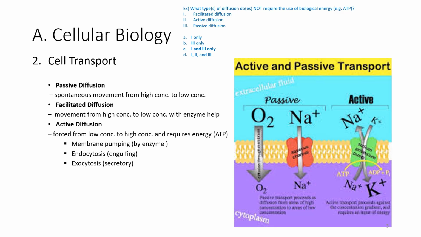Both simple passive and facilitated diffusion do not require energy. Active transport requires energy and involves either a pump or a vehicle. An example includes transporting sodium ions out of the cell and potassium ions into the cell against their concentration gradient.